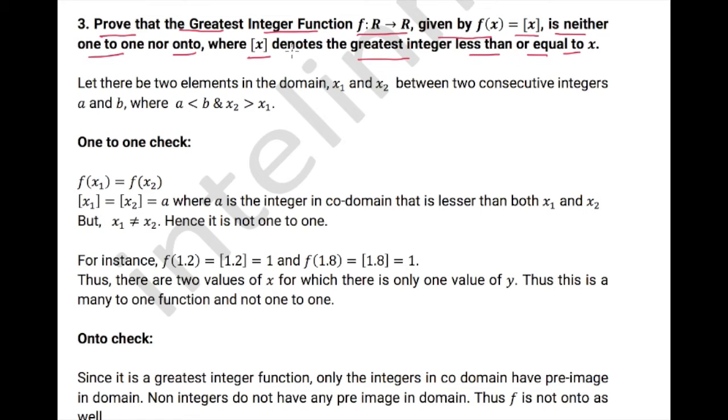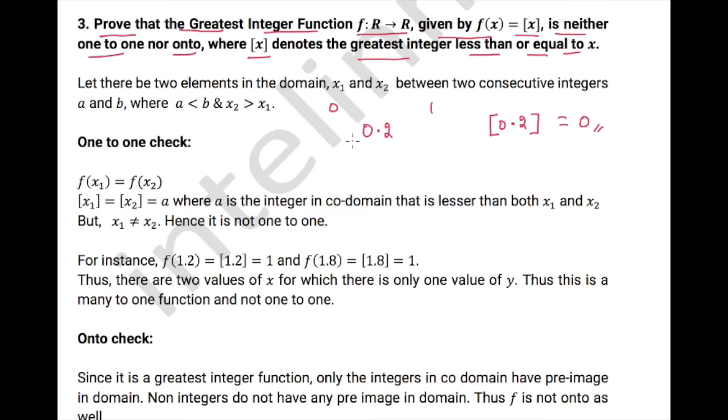So first we will understand what a GIF or greatest integer function is. Let's say I have number 0 and I have number 1, and I am considering the number 0.2. Now the greatest integer function of 0.2 is equal to 0.